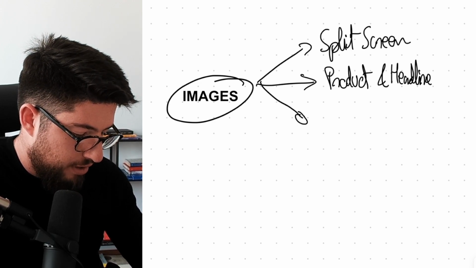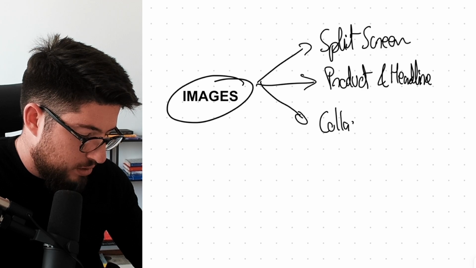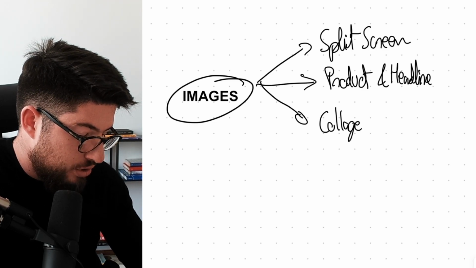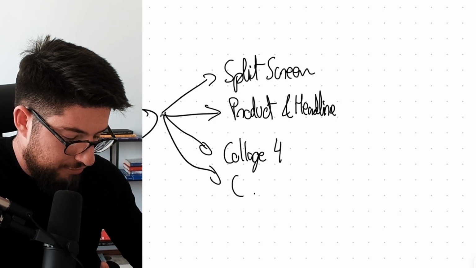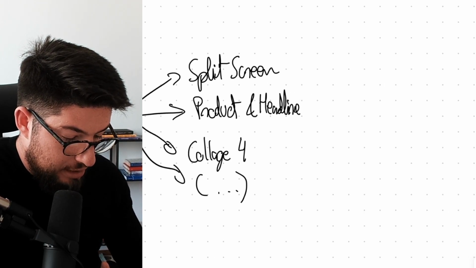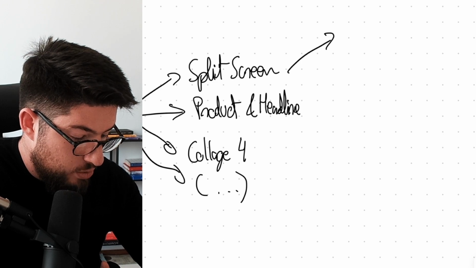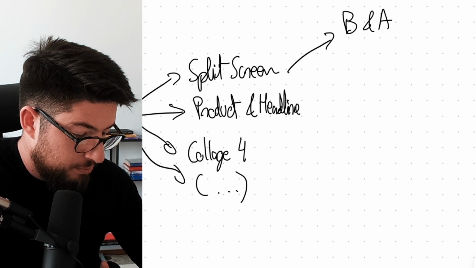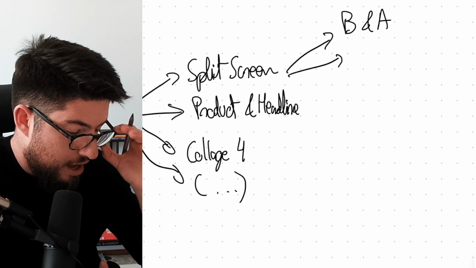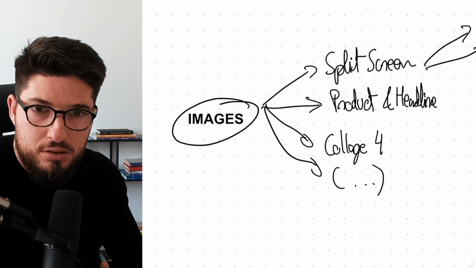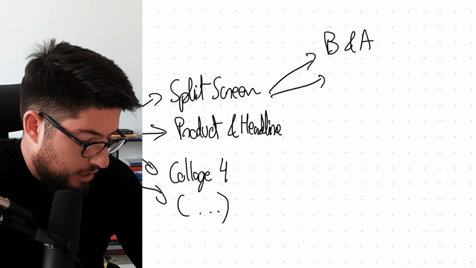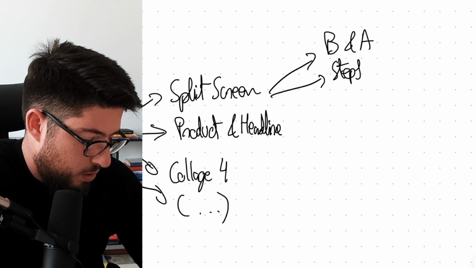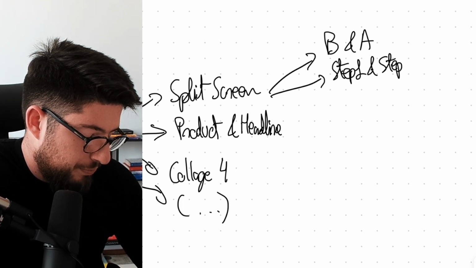You can have a collage, which is a split of 4, and you can have more kinds of formats there. On the split screen side, you can have a before and after. I can have step 1 and step 2.